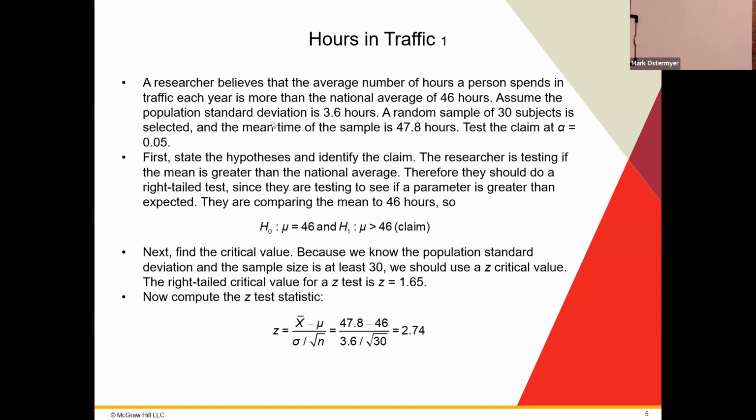Assume that the population standard deviation is 3.6 hours. Now, I have a question for you. When they're saying that the average number of hours a person spends in traffic each year is more than the national average of 46 hours, what's their definition of traffic? What does that mean?